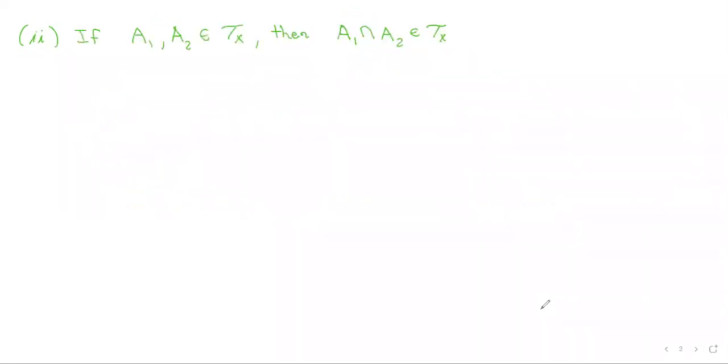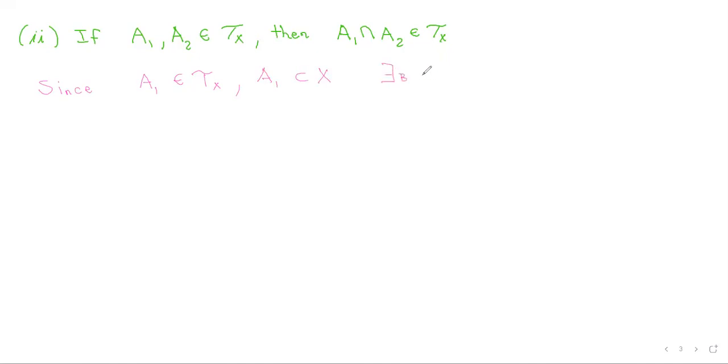Next, if A1 and A2 exist in topology X, then A1 intersection A2 exists in topology X as well. So we'll start off by assuming that. Since A1 exists in topology X, then A1 is a subset of X. And what gave us that A1?